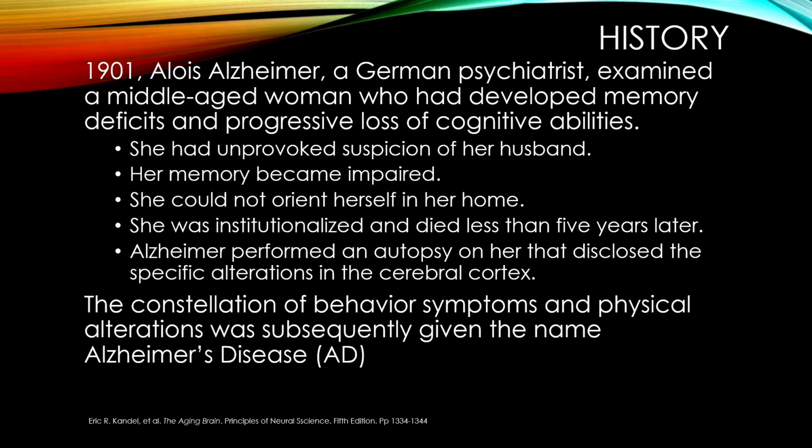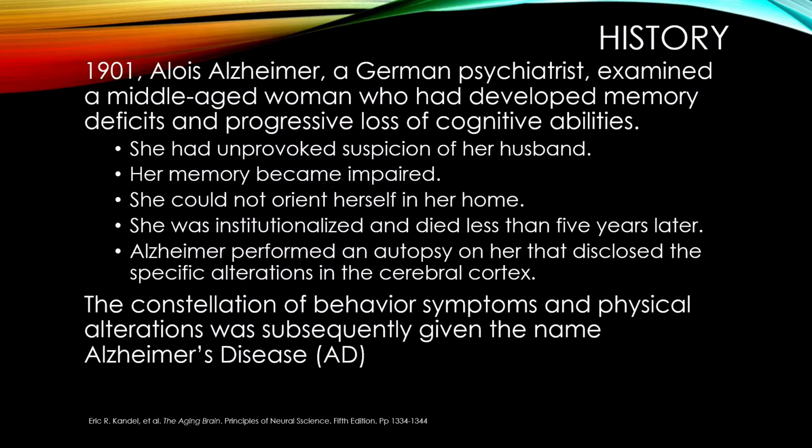She could not orient herself in her own home, where she had lived for most of her life. She was institutionalized and died less than 5 years after that. After her death, the German psychiatrist decided to perform an autopsy on her, and what he found in the brain is what is now named Alzheimer's disease.